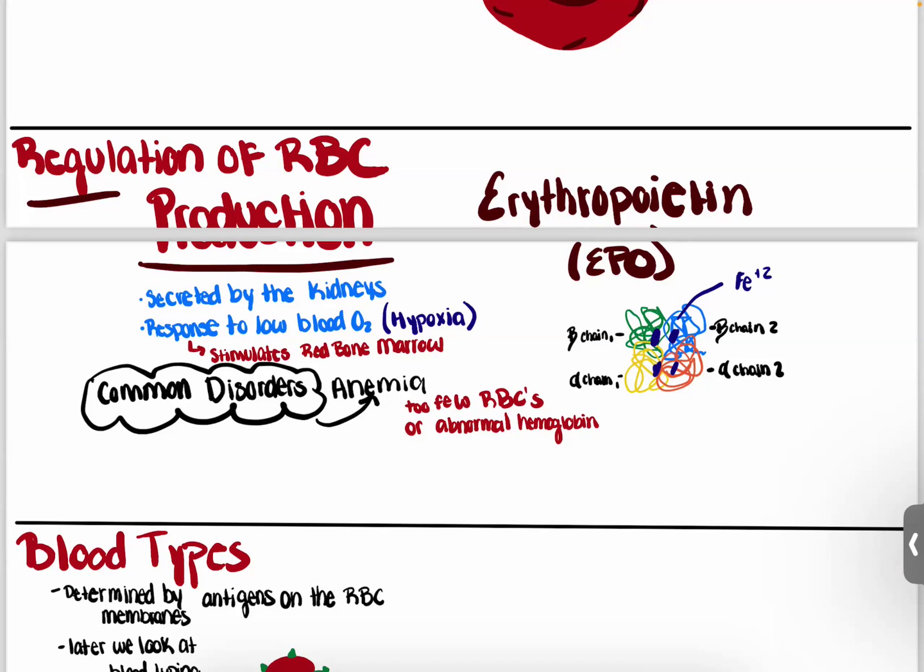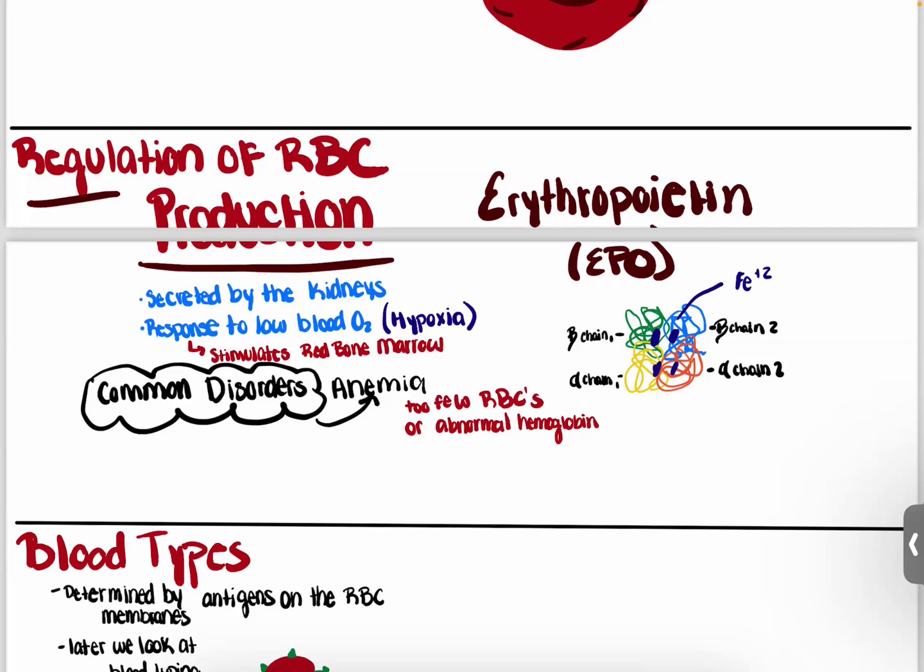Common disorders related to red blood cells and hemoglobin include anemia. Anemia is common within the endurance sport community, just because of the demand that we put on our red blood cells in that training process.